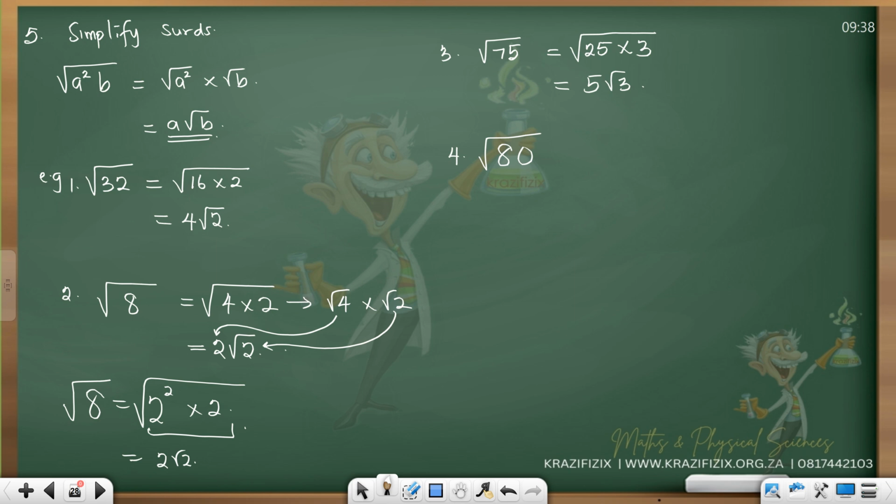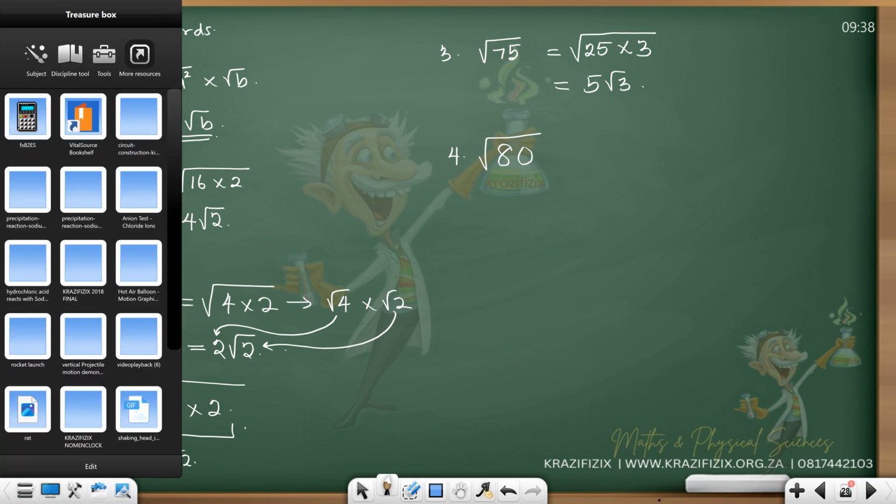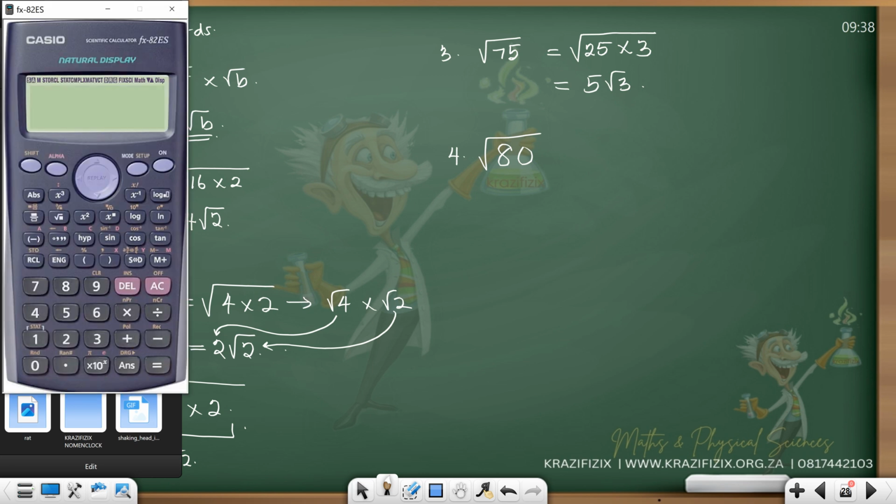So if I want to use a calculator, I'll just use a calculator to find the factors. For example, 80 equals shift fact. Okay, I don't have shift fact on my calculator here. But you know how to find the factors of 80? If you press shift fact on your calculator, you get 4 squared times 5.